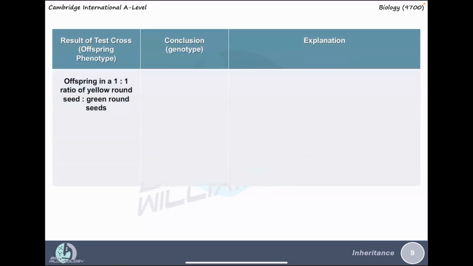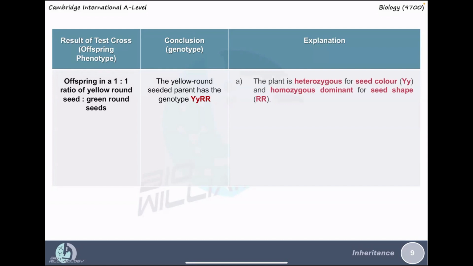If the offspring are in a ratio of 1 to 1 of yellow round seed and green round seed, the conclusion is that the yellow round seed parent has the genotype heterozygous for Y but homozygous dominant for R. So the plant is heterozygous for seed color and homozygous dominant for seed shape, and therefore all offspring have round seed. It produces two types of gametes.